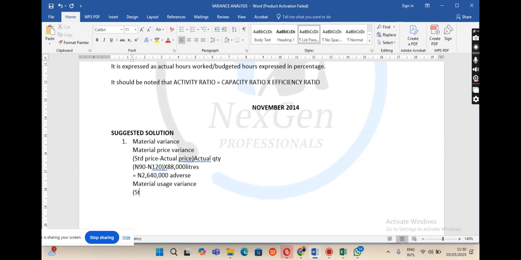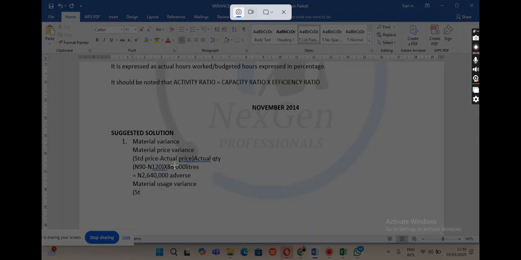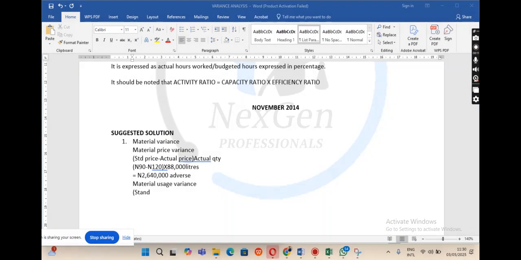Let's use standard. I just bring out that formula in case you just forget all these things, right? Standard quantity minus actual quantity, right? Since it is usage times standard price.